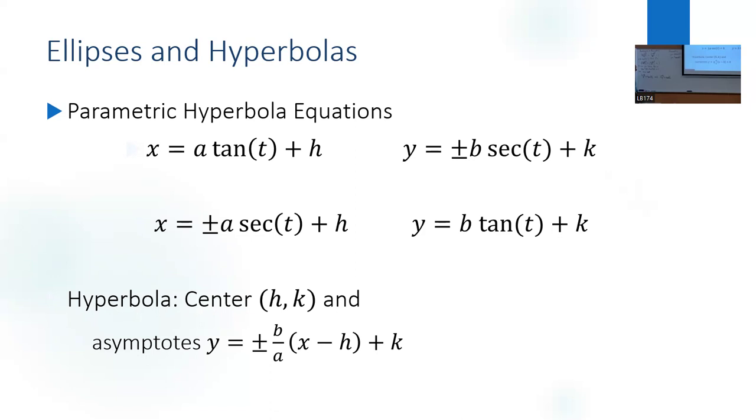If you want a hyperbola pointed left and right, you have to put your secant with your x and your tangent with your y.